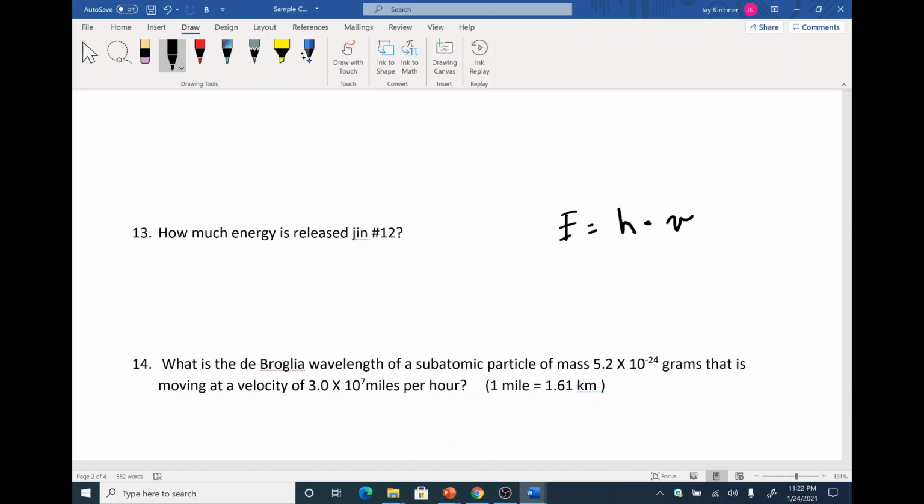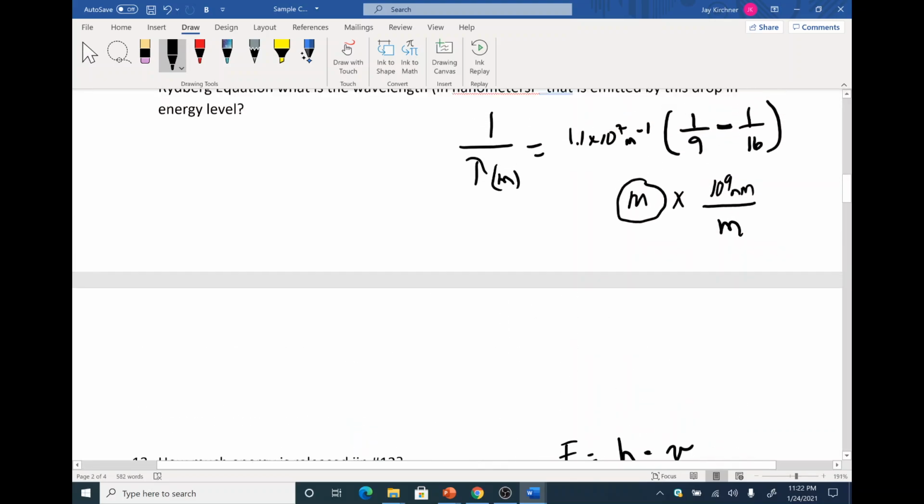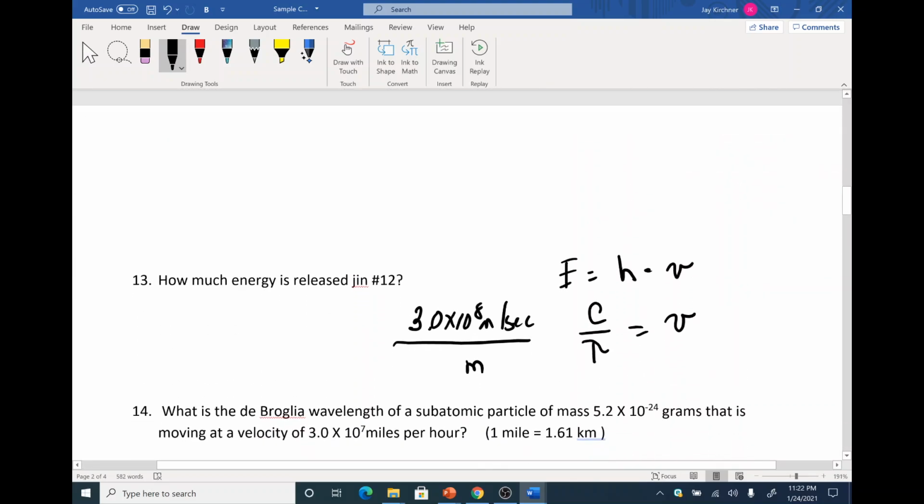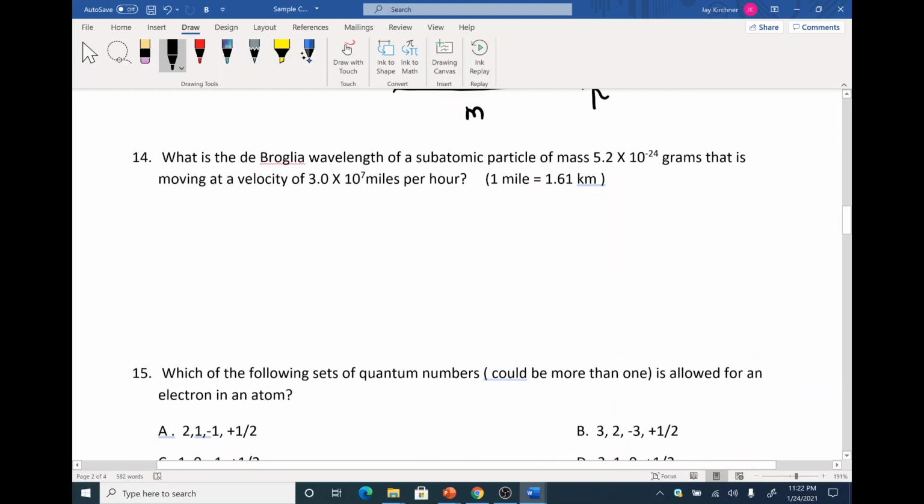But you don't have frequency, but you could put c over your wavelength equals frequency. Just remember, when you put 3.0 times 10 to the 8th meters per second, you better put in your wavelength in meters, which you probably got originally in the last one. And then once you get that, you can plug that in here and multiply it by Planck's constant.